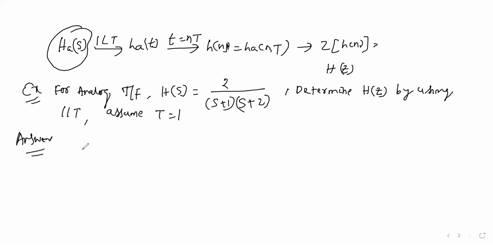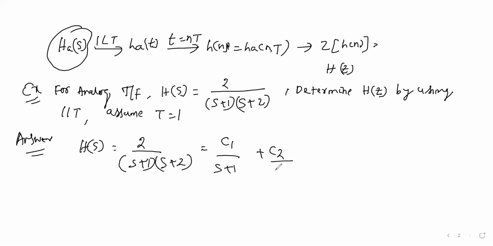It's very simple. H of s equals 2 by (s plus 1)(s plus 2). Then what to do? Partial fraction. You will get C1 by (s plus 1) plus C2 by (s plus 2). What is the value of C1?